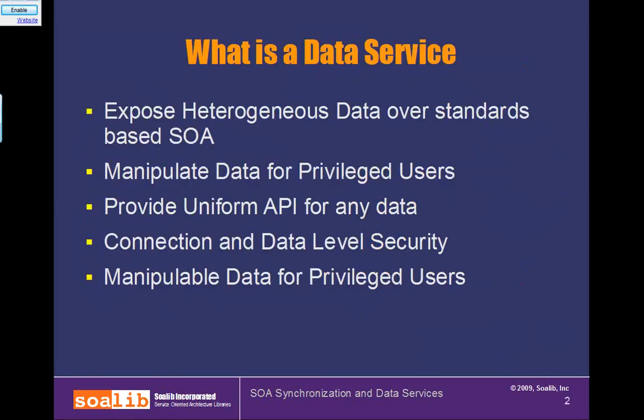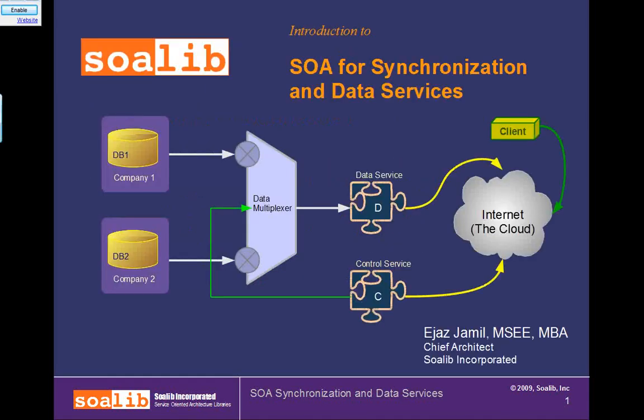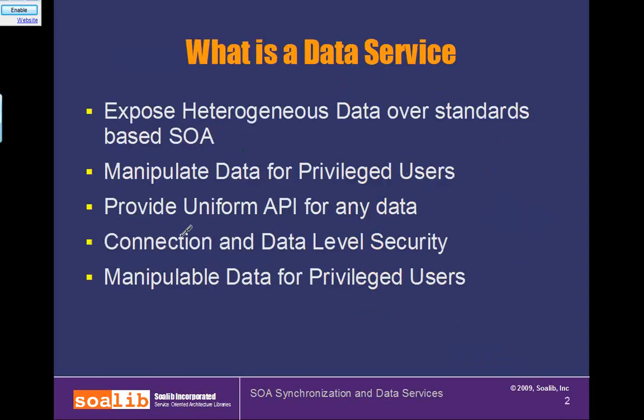That's the basic idea: data is over there, and one can get any kind of data by using a service and selecting the data. They can also manipulate the data. In the diagram in the previous slide, we see that the data is read-only. This arrow is going this way on the right. Now the client can, through the data service, write and change the data if the client has the permission to do that.